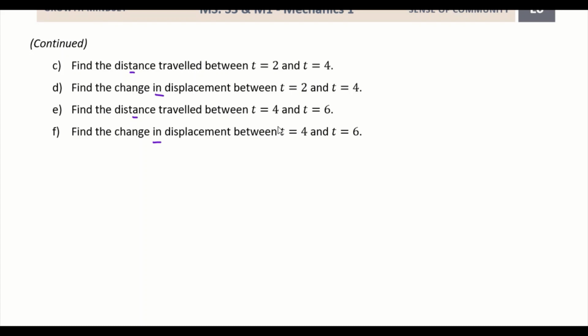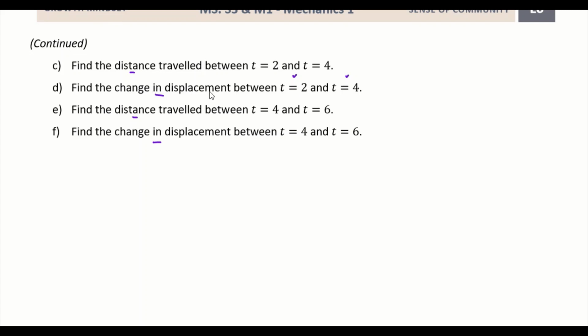Every time we want to find the distance, we need to solve this together. If we want the change in displacement, it is easier, because I just need to find the displacement here and the displacement here, then find the difference.